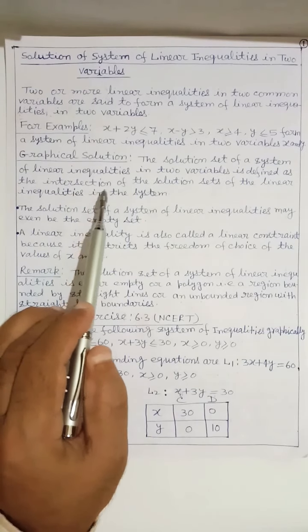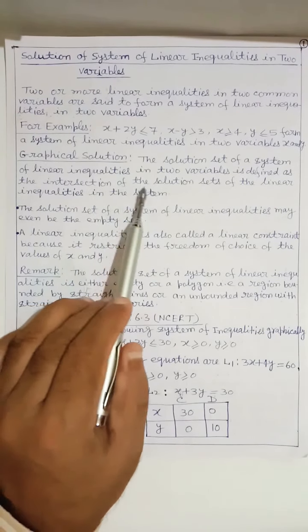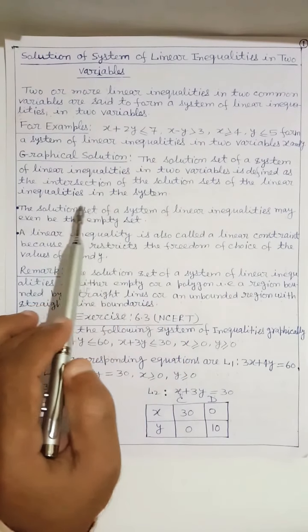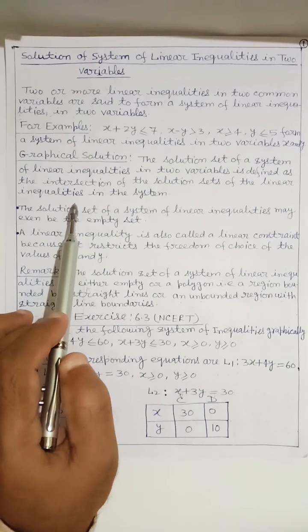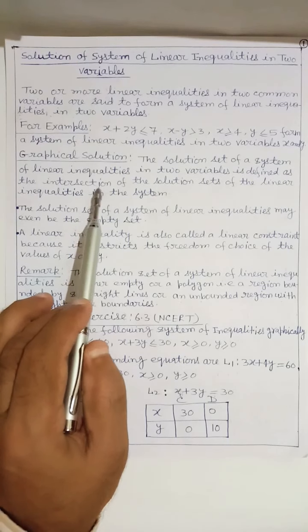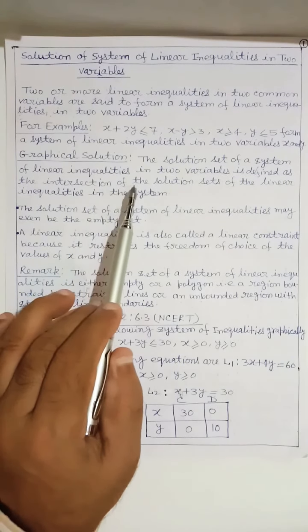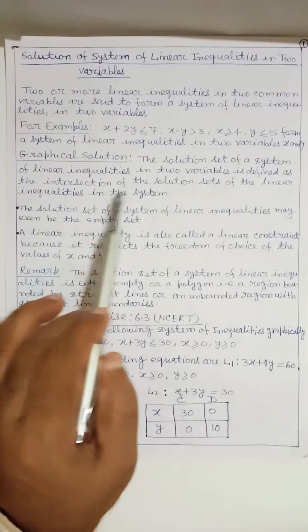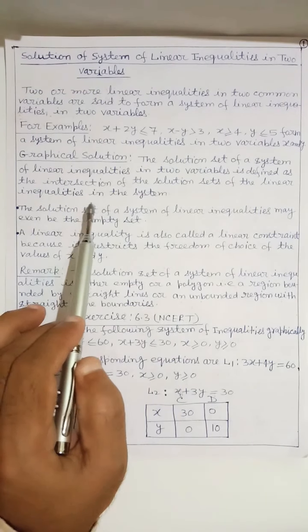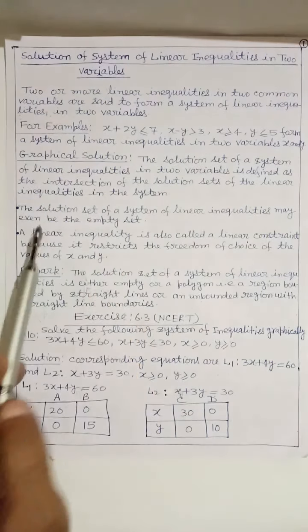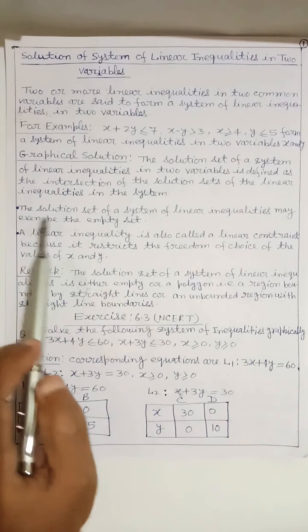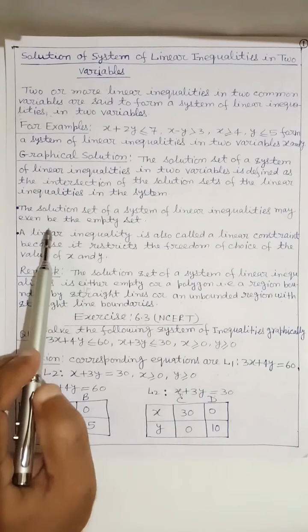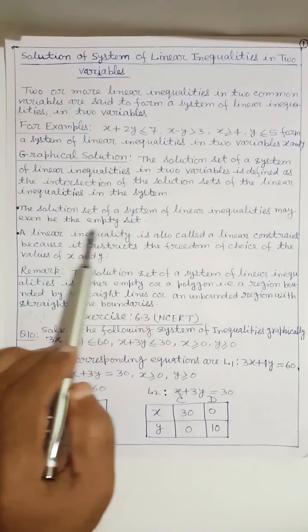Here, we find the intersection of the solution sets of the given two or more linear inequalities in the system. The solution set of a system of linear inequalities may even be the empty set.